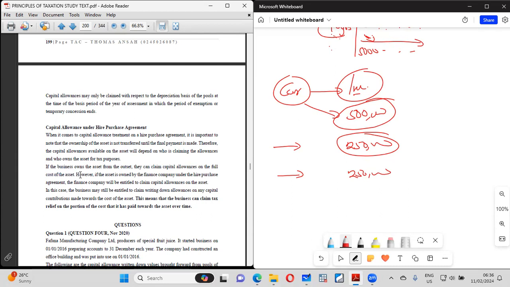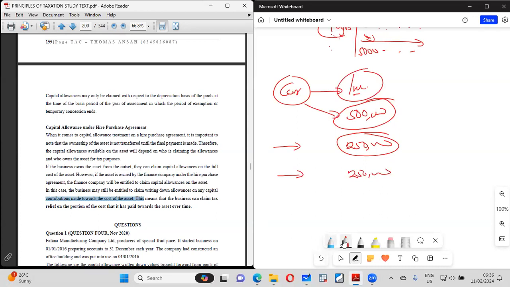However, look at this. If the asset is owned by a finance company under the hire purchase agreement, the finance company will be entitled to the capital allowance on the asset. In this case, listen carefully, the business may still be entitled to claim the written down allowances on capital contribution made towards the asset.